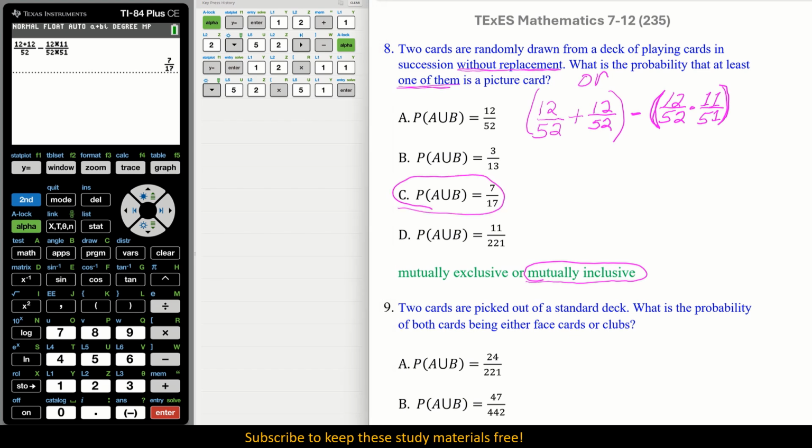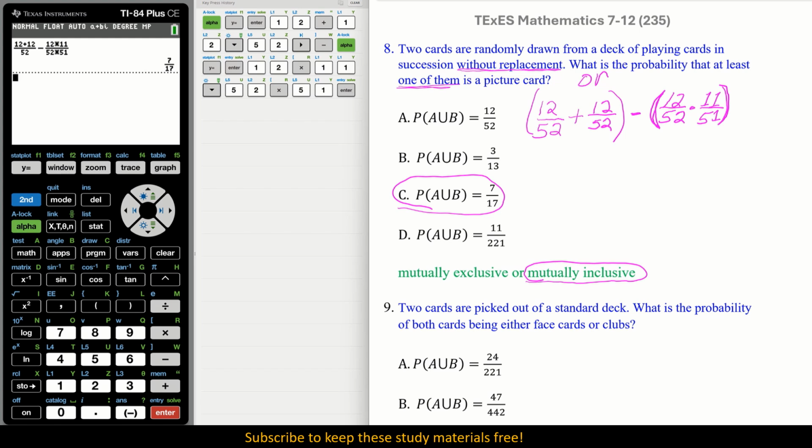Now, I do want to point something out to you. In this particular situation, we could have thought of what we didn't want to happen. What if we said, what is the probability of drawing a non-picture card? Okay, so just bear with me. A non-picture card, there are 40 of them, okay?